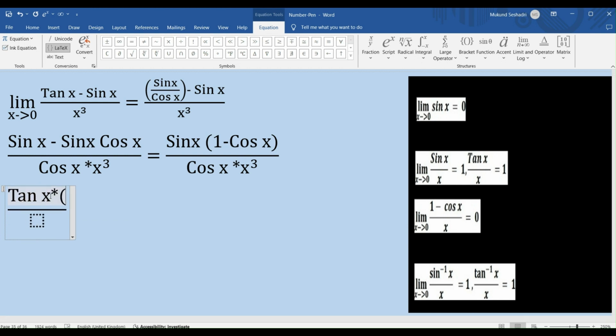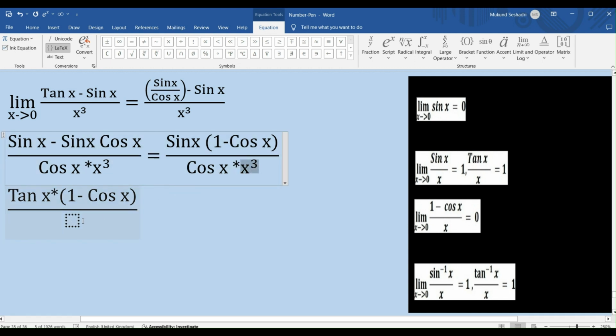And I have my 1 minus cos x, which we arrived at in the previous step, and I have my x cube, right? Now, when we write the above expression this way, it becomes a lot simpler, right?